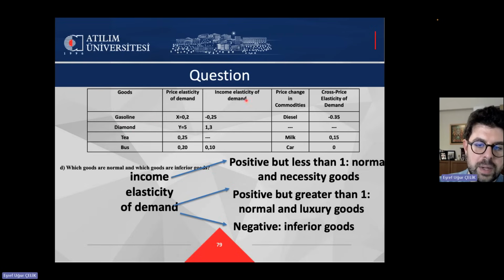So gasoline, income elasticity of demand answer is negative. So this is inferior. Diamond, 1.3. So it's over here, normal and luxury. Tea, there is no information, so don't make any comment. For the bus, 0.10, normal and necessity.